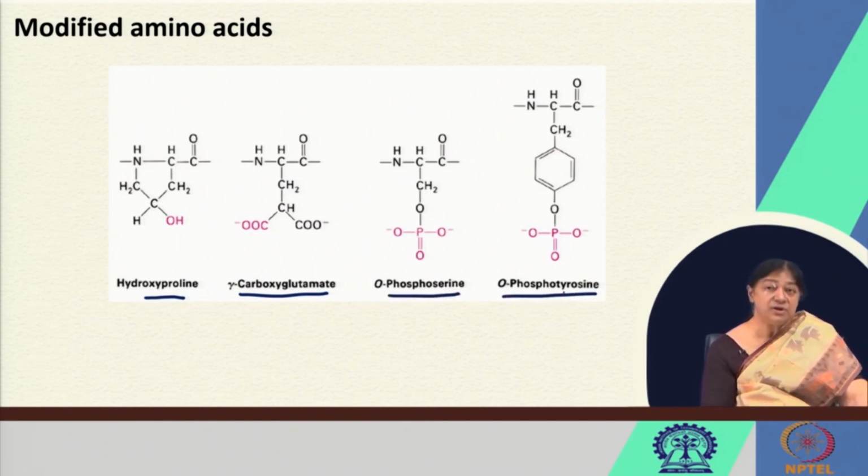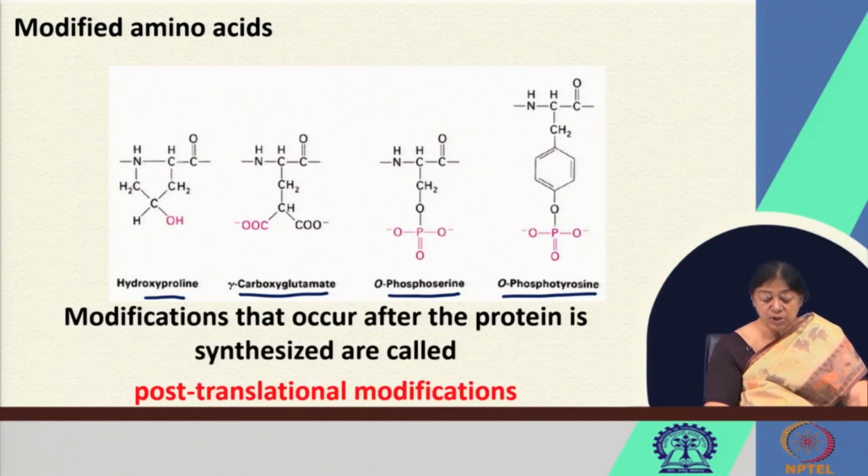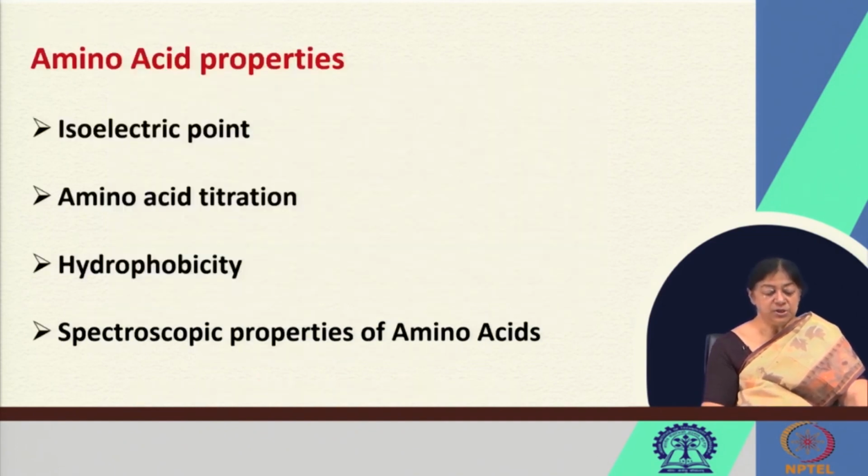There are other combinations called post-translational modifications that occur after a protein is synthesized, where a combination of amino acids sometimes gives rise to a different moiety altogether. So, the amino acid properties that we studied were the isoelectric point, amino acid titration, hydrophobicity and spectroscopic properties, which give us an understanding of amino acids in general.